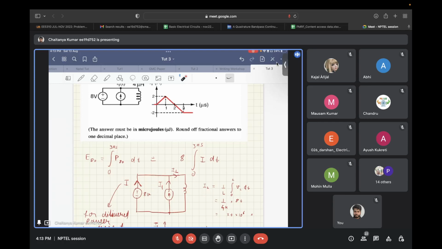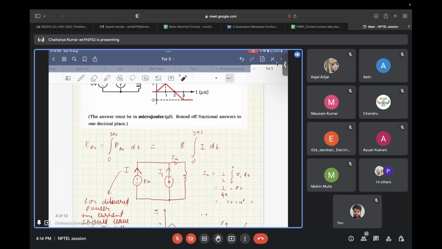The current and voltage in the inductor are related through this equation: current through the inductor is 1 upon inductance times the integration of the voltage across that inductor.